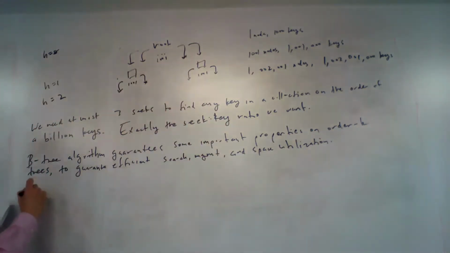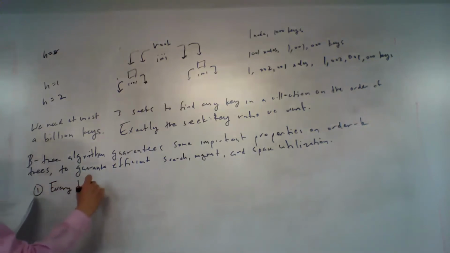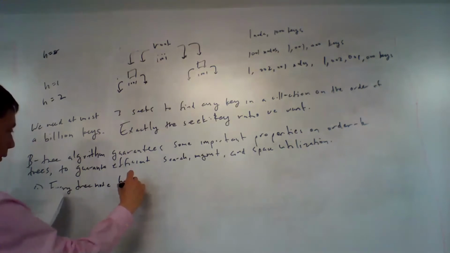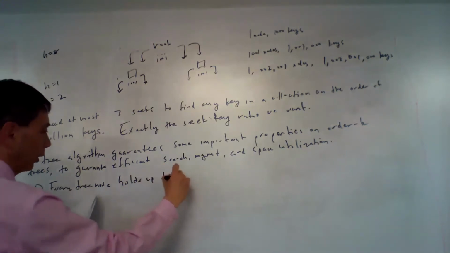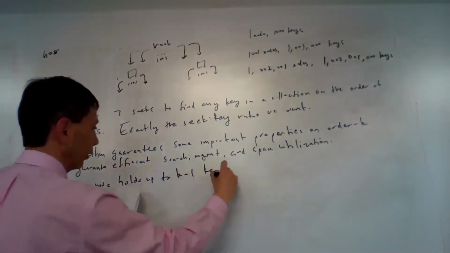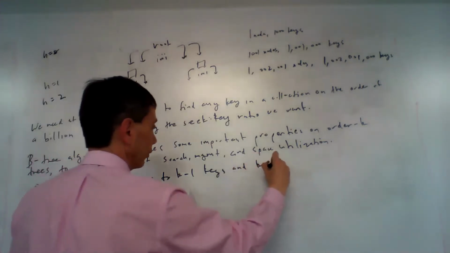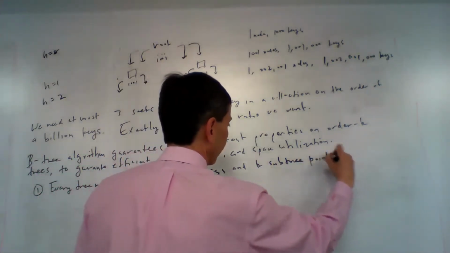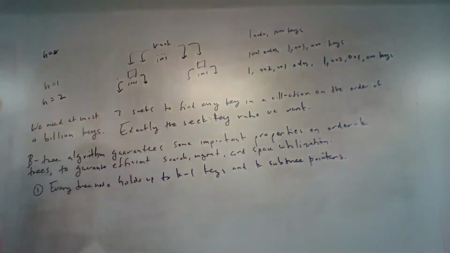And these are the properties. First, we already know this, but every tree node holds up to k-1 keys and k subtree pointers. That's the definition of an order k B-tree. So we already knew that. Number 2, though, this is important.